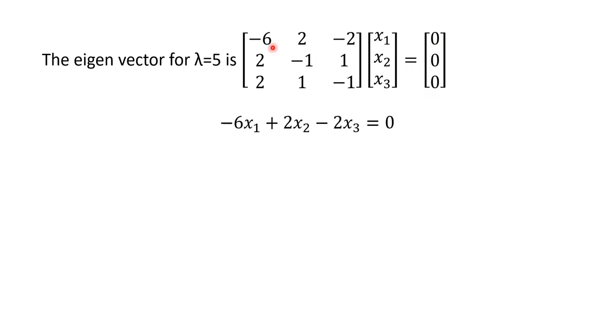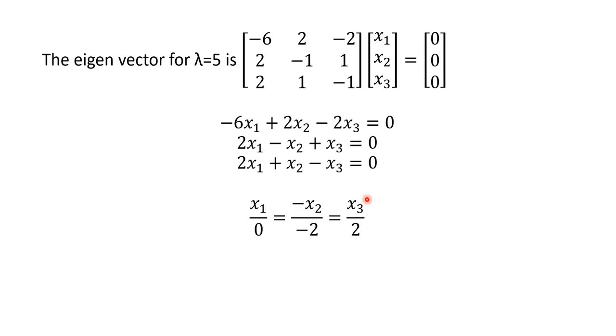So the equations are minus 6x1 plus 2x2 minus 2x3 equal to 0, 2x1 minus x2 plus x3 is equal to 0, and 2x1 plus x2 minus x3 is equal to 0. Then you calculate the eigenvectors from these equations.